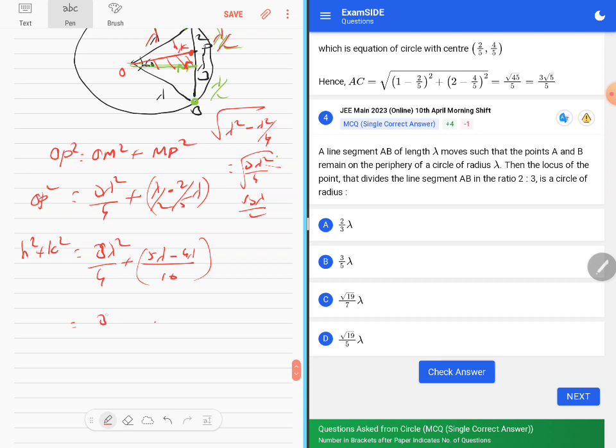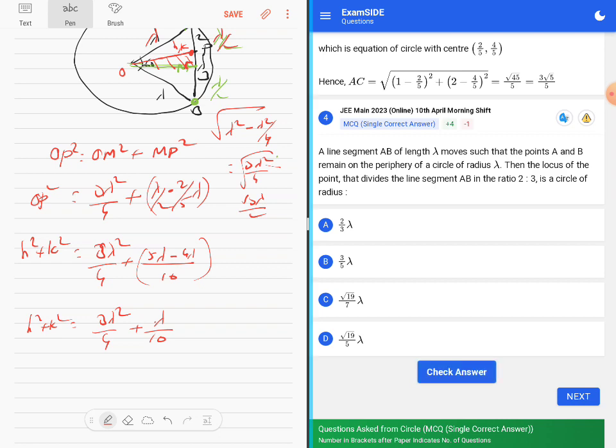So let me try whatever it's worth, and it will be lambda by 10 whole square plus K square. Then the locus of the point, okay, this seems to be like locus, but what about R square? So that is what I'm getting.